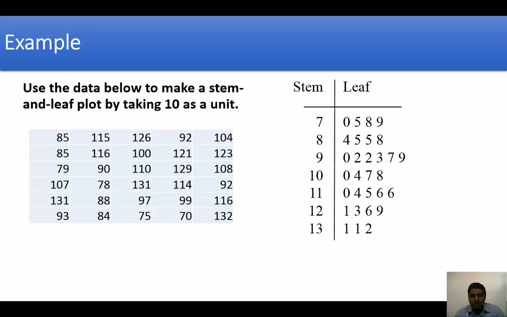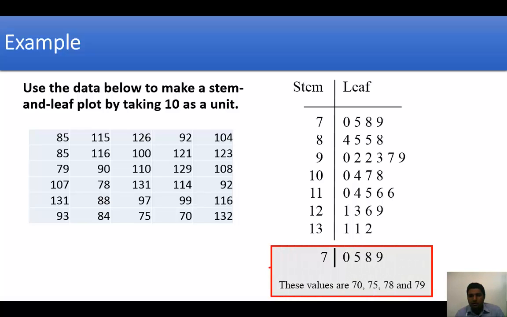This is giving you information about the distribution of data and what values are falling in which class. Like in the first row, we can read those values as 70, 75, 78 and 79, and we can also count that there are 4 values in this class.